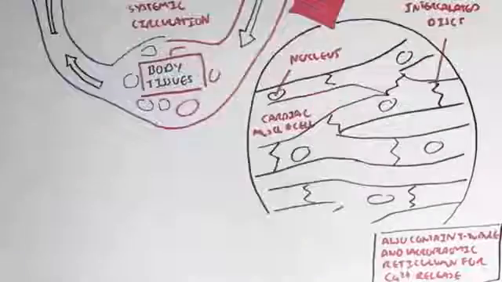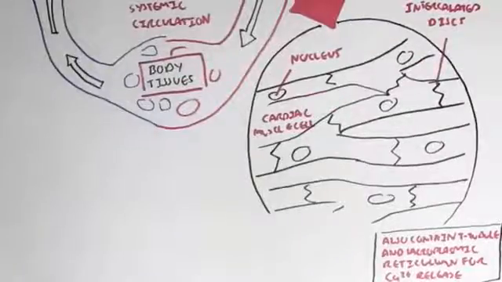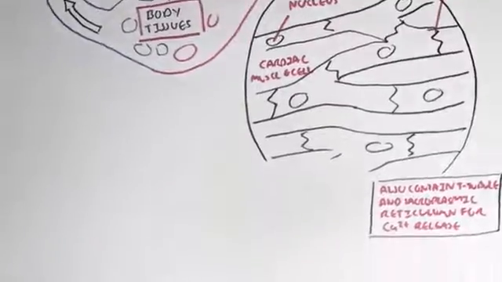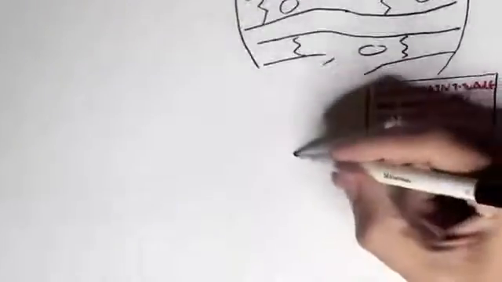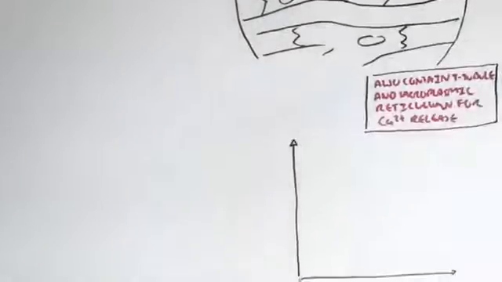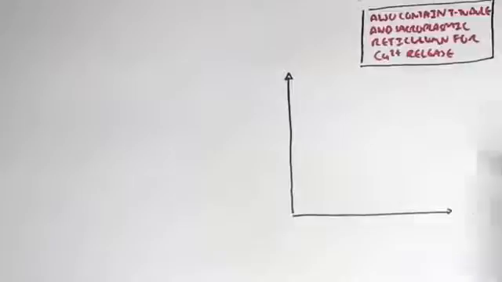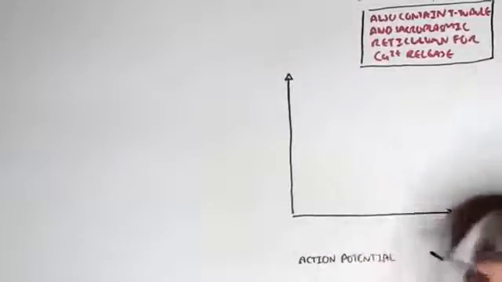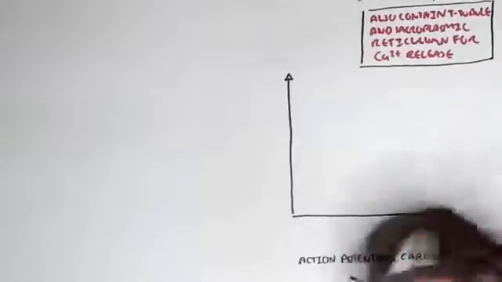Now, we know that the cardiac muscle cells contract in response to an action potential. So let's look at this action potential of a cardiac muscle cell in the ventricle, for example. But before we look at an action potential, we have to understand a membrane potential and how an action potential changes a membrane potential. So let's have a quick look.